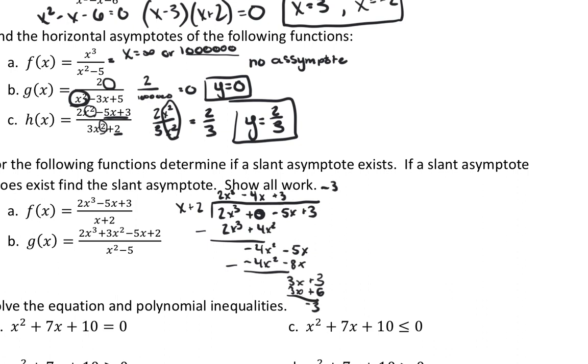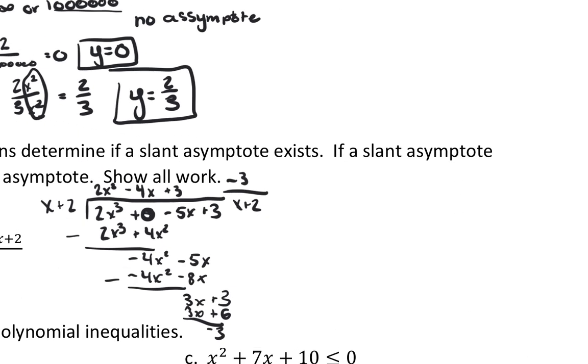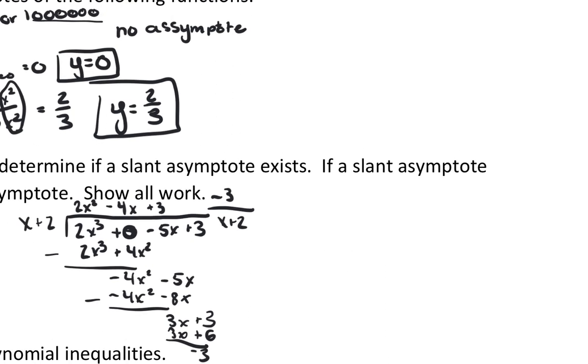So our remainder is negative 3 over x plus 2. That means our equation ends up being 2x squared minus 4x plus 3 minus 3 over x plus 2. This part here would be our slant asymptote, and since this is a quadratic and not linear, we do not have a slant asymptote.